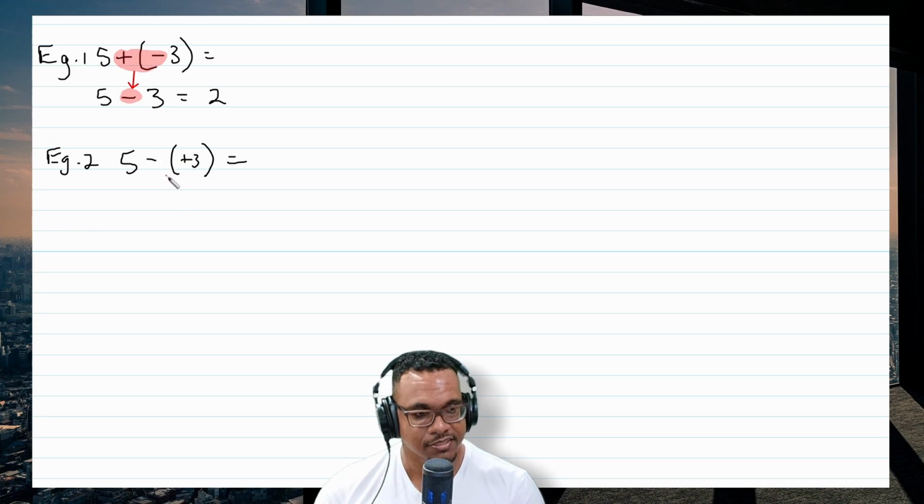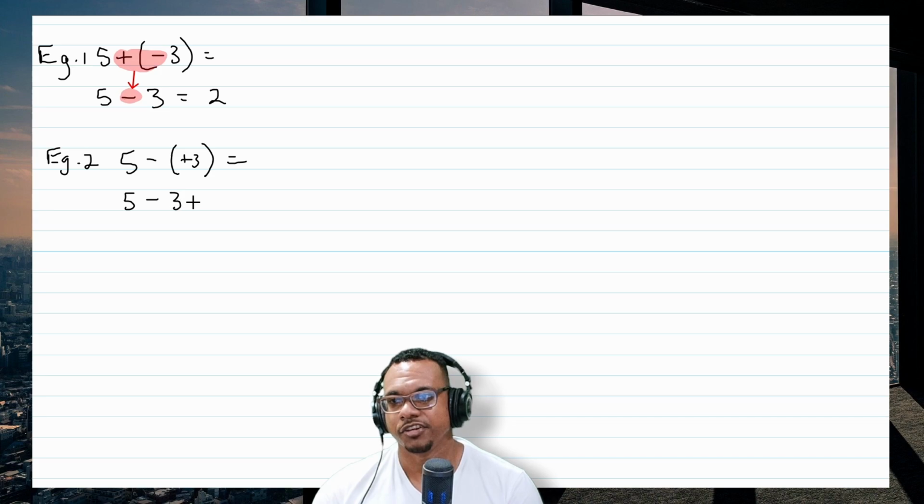As long as the signs are different and you're multiplying, the answer is negative. So what you're going to get is 5 take away 3. All right? So again, these two signs convert and give you this one sign. All right? So 5 take away 3, again, the answer is 2.